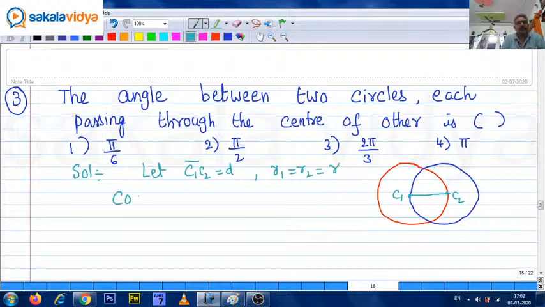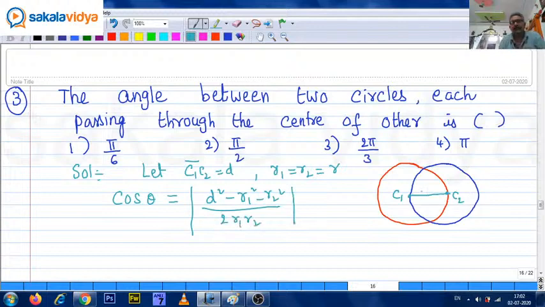Now, what is the cos theta formula? Modulus of D² minus R1² minus R2², upon 2 R1 R2.